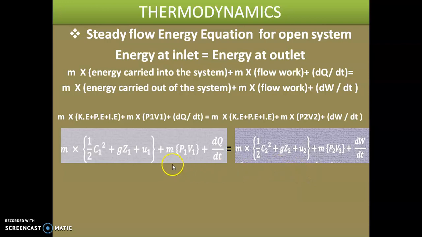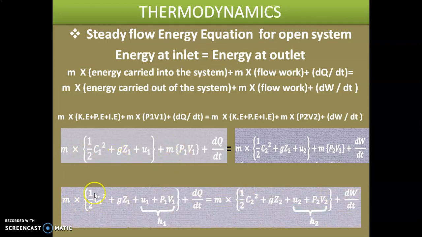So here if we observe this one, if we take the common term, we have a common term, that is mass m. Here we have a mass, and in the second term again we have a mass. So this is a common term, put it outside. So m into half c1 square plus gz1 plus u1 plus p1 v1, plus dq by dt.